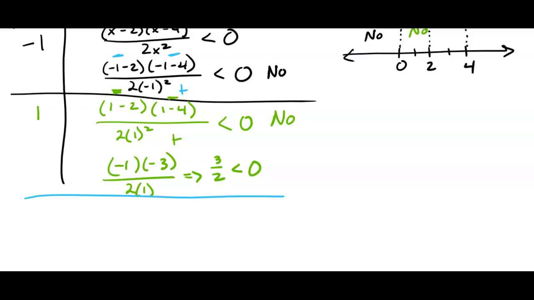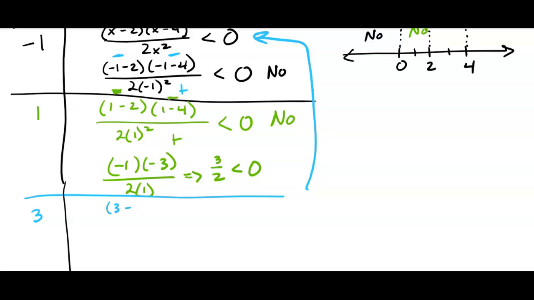Okay, now I need a number between 2 and 4. So I'll pick 3. 3 is between 2 and 4. All right, and so then I get, and we're always going back up to this rational expression, and I use the factored form because I think it's easier to do it that way.